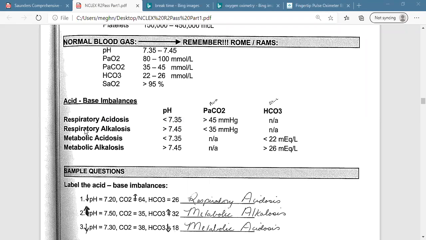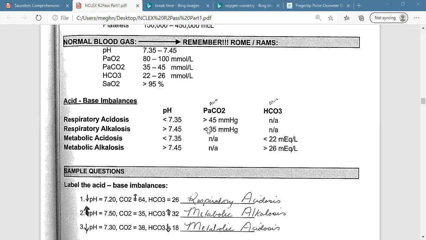And in respiratory alkalosis, pH goes up but carbon dioxide goes down.